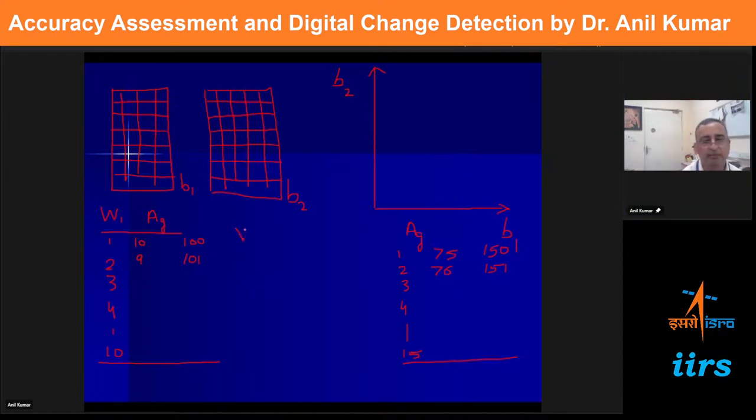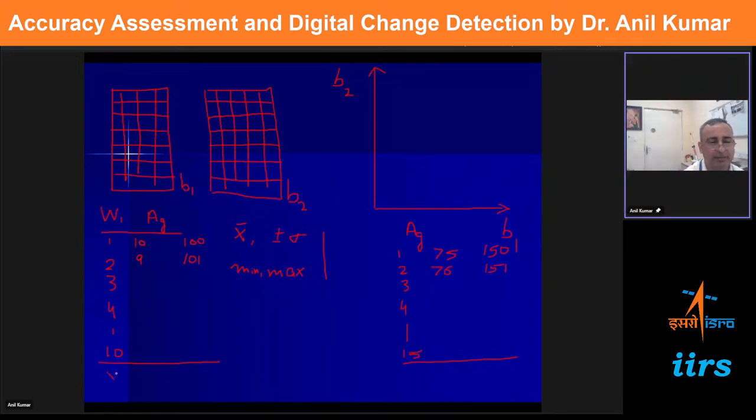One is using mean and standard deviation. Second is we can use minimum and maximum parameters. All these parameters are statistical parameters, and we can generate them from the training data of each class.